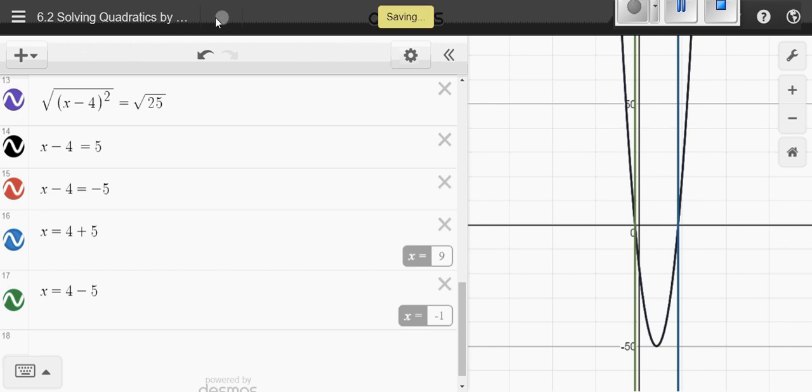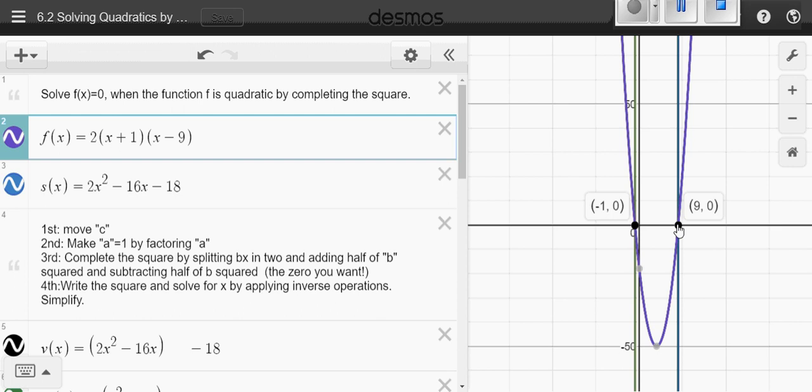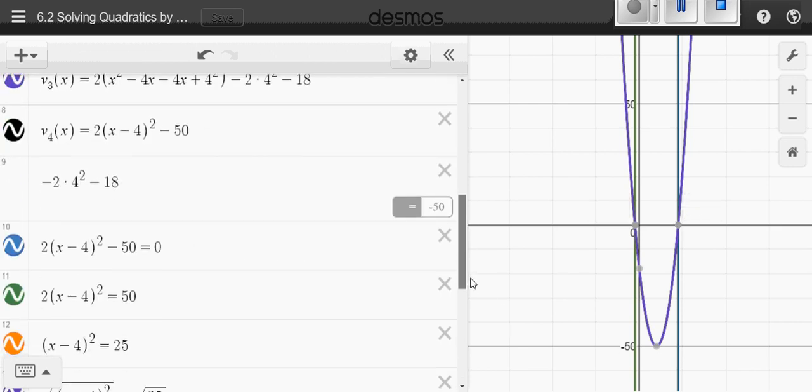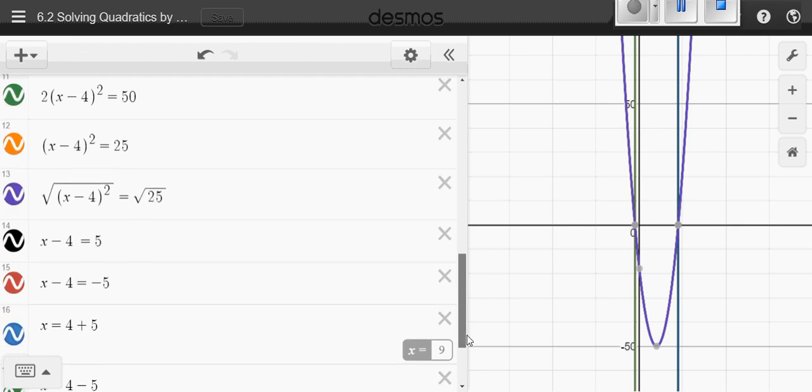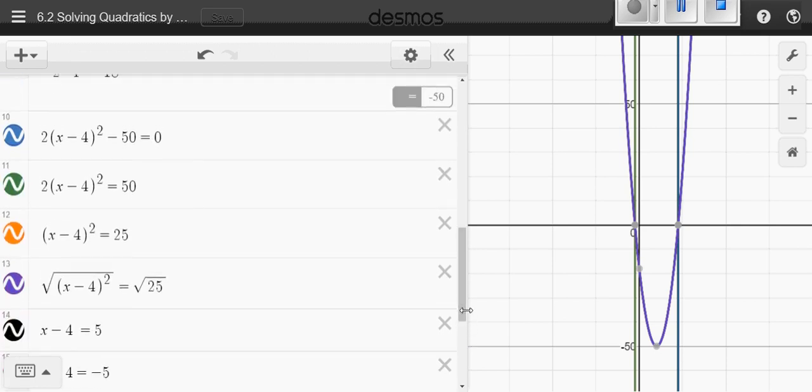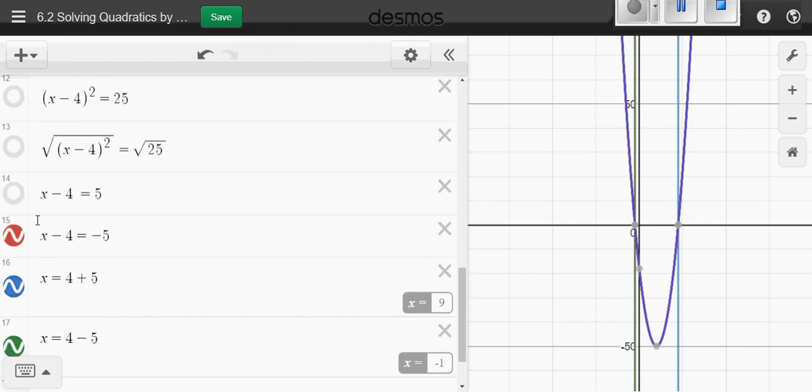Let's save that. And here they are. Okay, and those vertical lines appear because I'm showing all these steps. So every time you say a true statement, it draws those lines, because that's the x that makes it true.